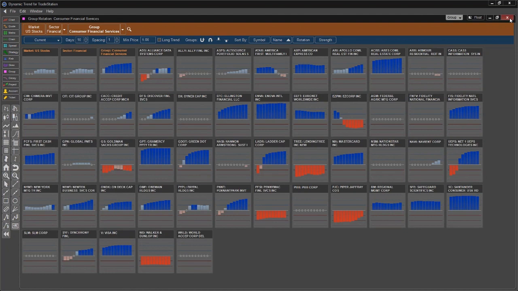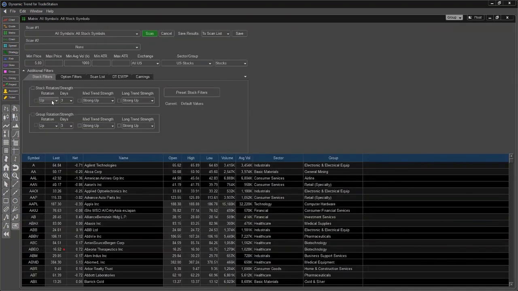And so when we're using this particular matrix tool, I can say, only show me stocks that meet my criteria, my scan number 1, that have a medium trend strength that's a strong up. If you're looking for a buying opportunity, you wouldn't want something that's trading inside of an industry group that's going down.